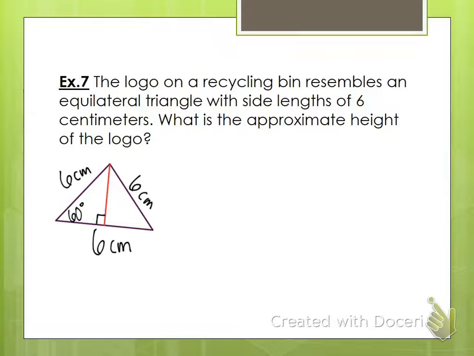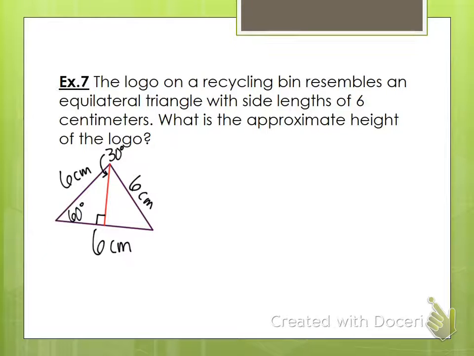That makes a right angle down here. Which, of course, means that this last angle up in the top has to measure how much? 30, because all the angles inside this one triangle have to add up to 180. So 90, 60, 30, that adds up to 180.